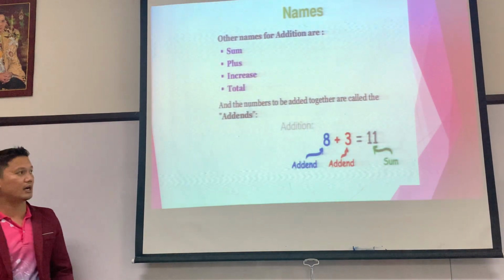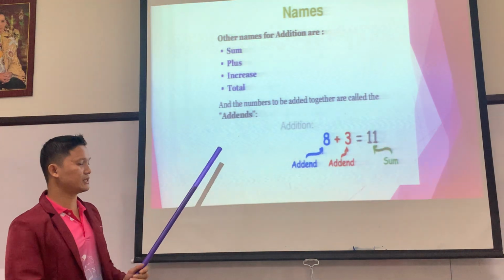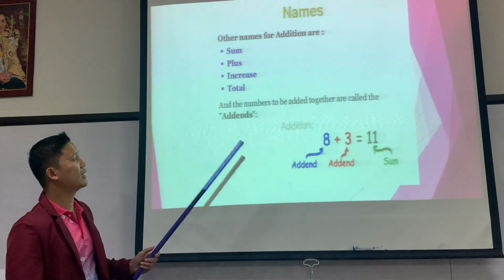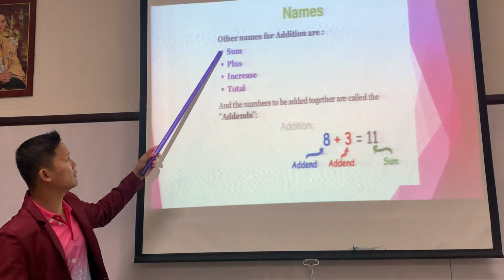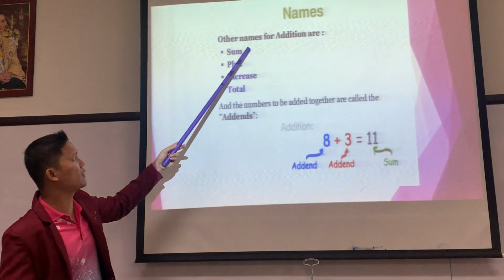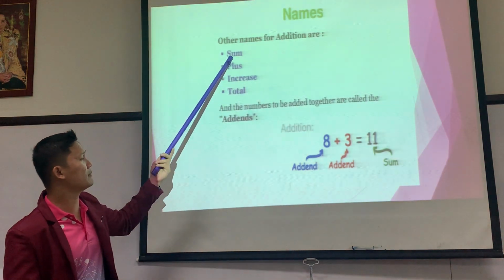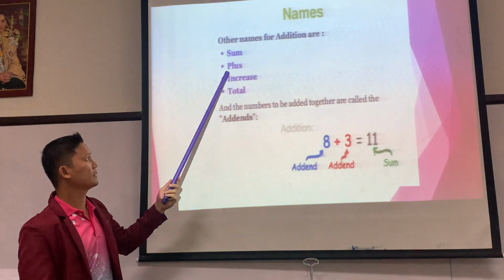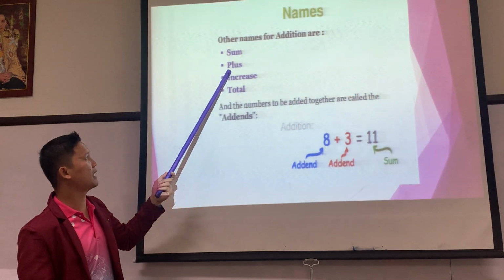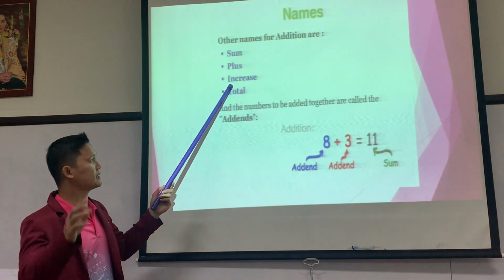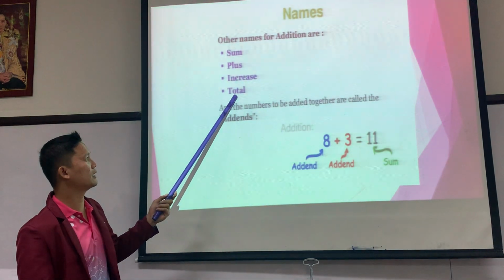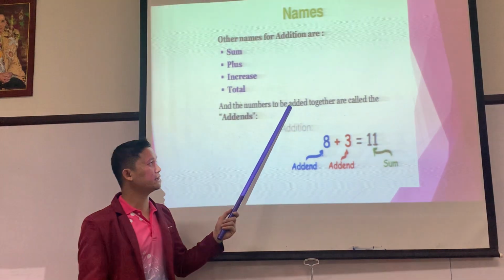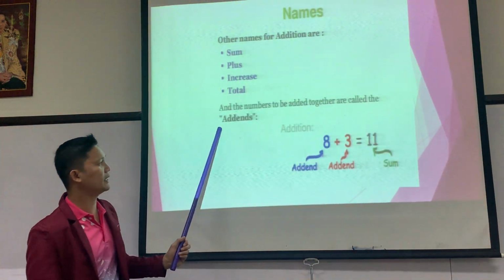In this addition lesson, you have to remember the names for adding: sum, plus, increase, and total. The numbers to be added together are called the addends.